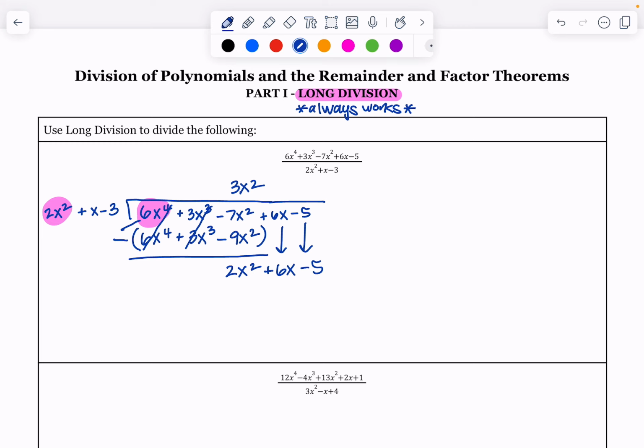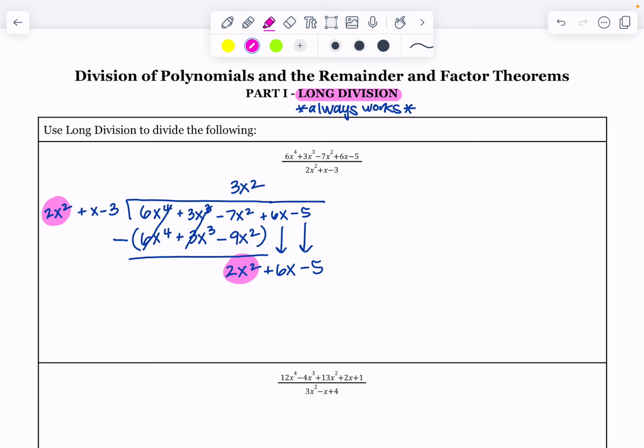Okay, so we are still comparing 2x squared, but this time we are trying to get it to cancel out with 2x squared. So luckily it's the same.